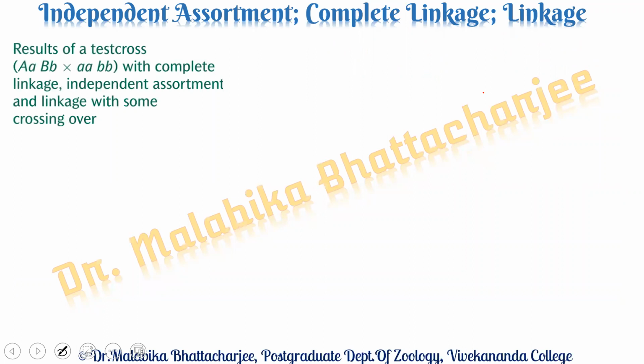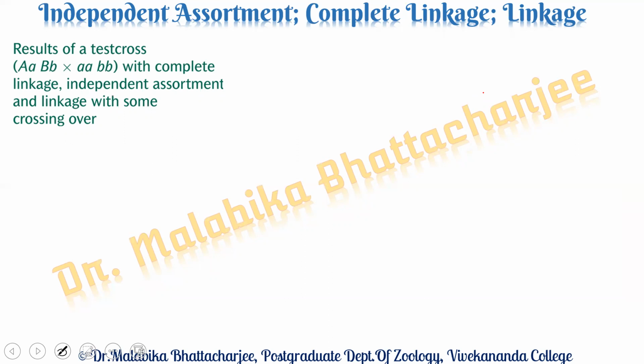Now, let us consider a cross. If you look into the cross, we have an A gene pair and a B gene pair. When I started the class today, there was this A gene pair and a B gene pair, but they were on two different chromosomes. Now, when I am entering the concept of independent assortment and comparing it with complete linkage and incomplete linkage, we have to consider one chromosome.